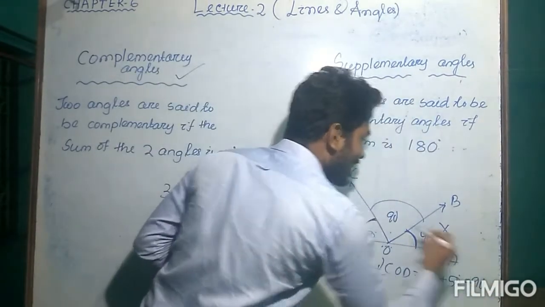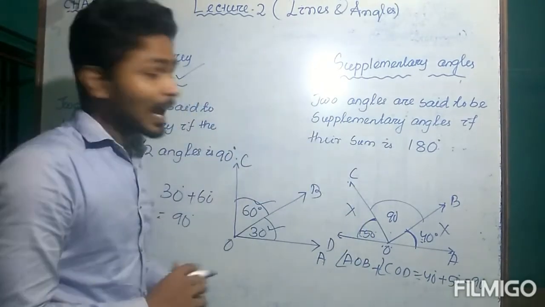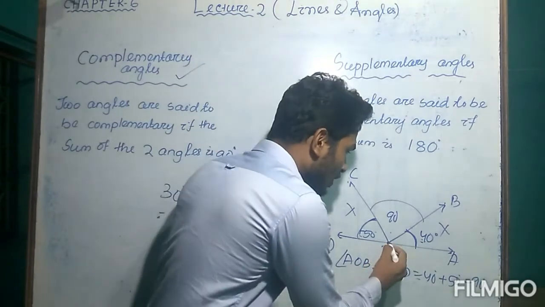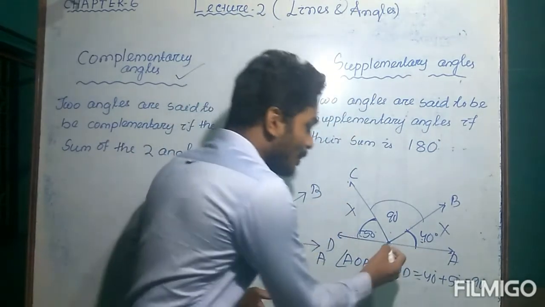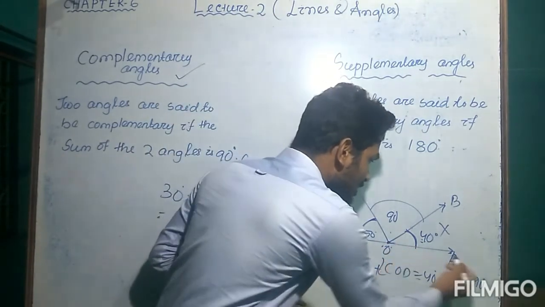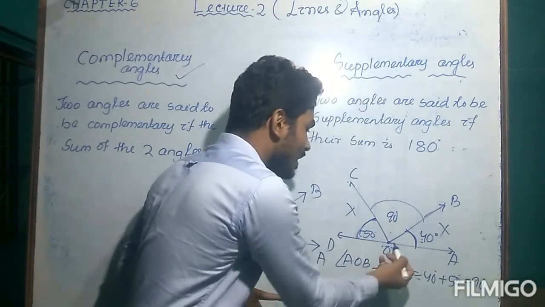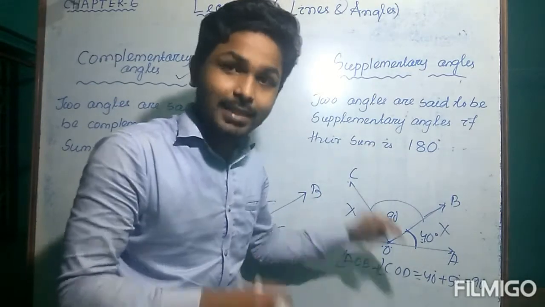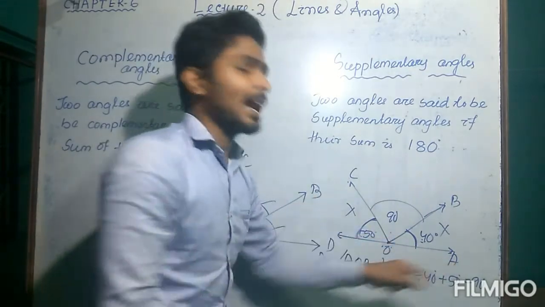Here these angles are not adjacent. Though they have a common vertex, for this angle the arms are OA and OB, and for this angle the arms are OD and OC. They do not have any common arm, so they are not adjacent. Still, their sum gives 90 degree.